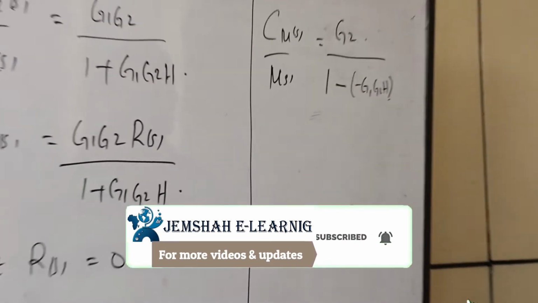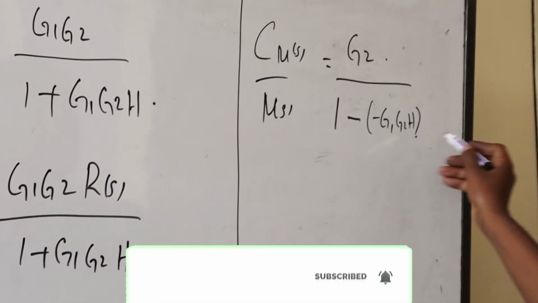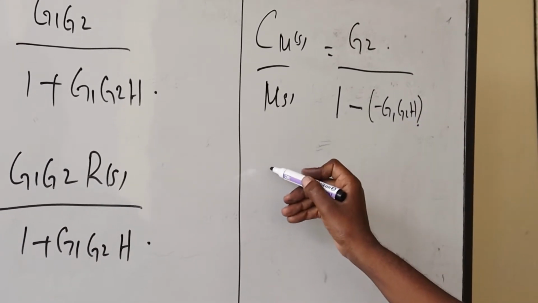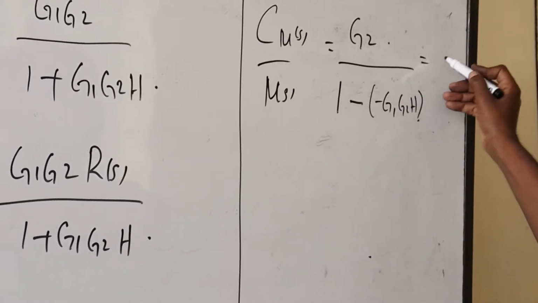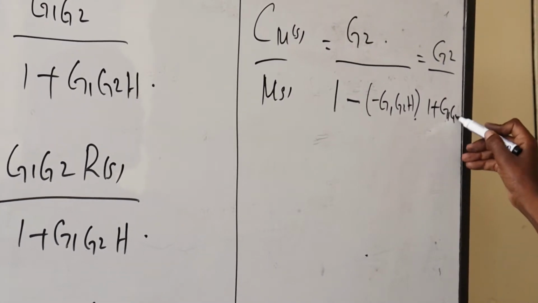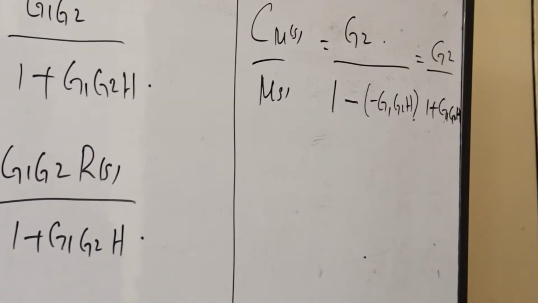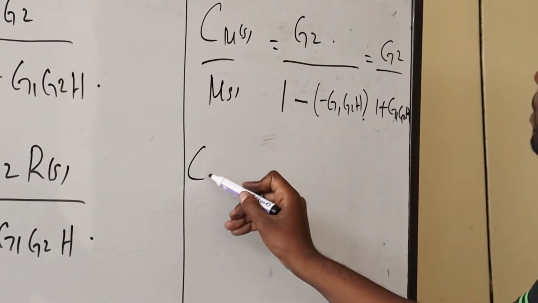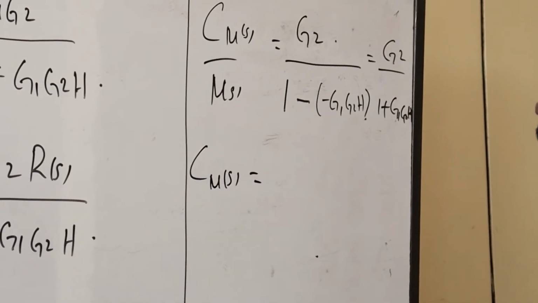Then, if you combine that, minus and minus, we are going to have this one equal to G2 all over 1 plus G1, G2H.